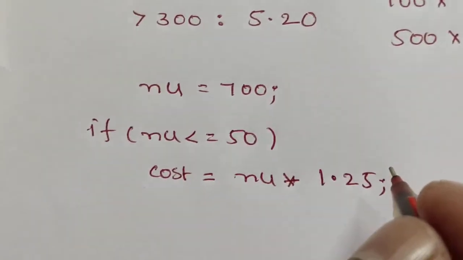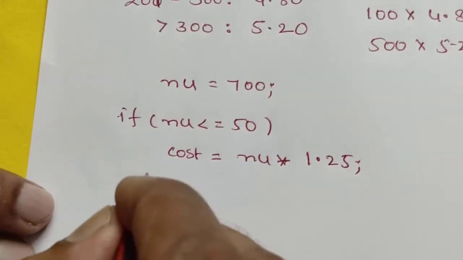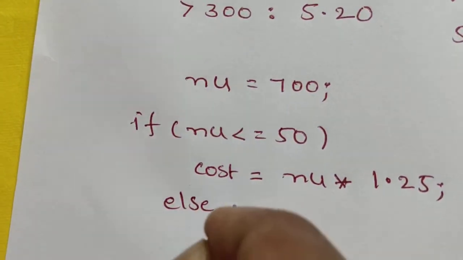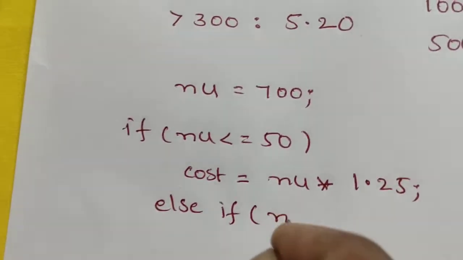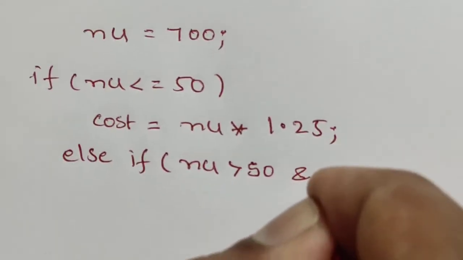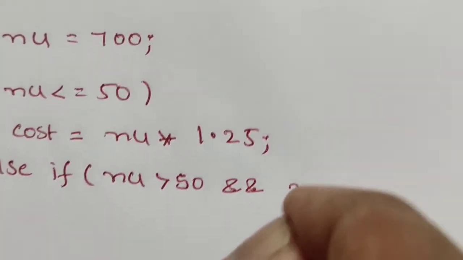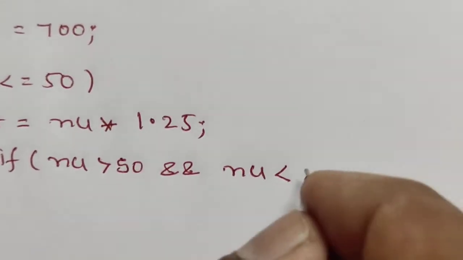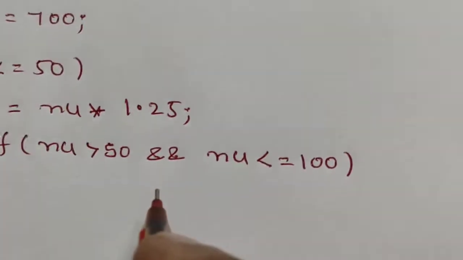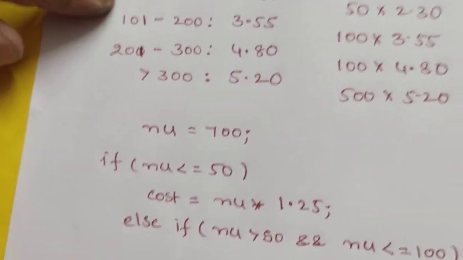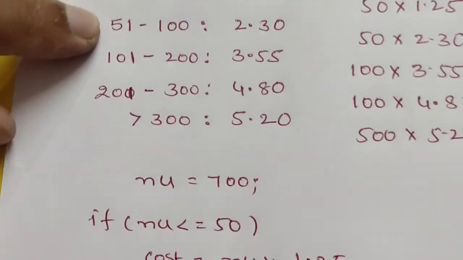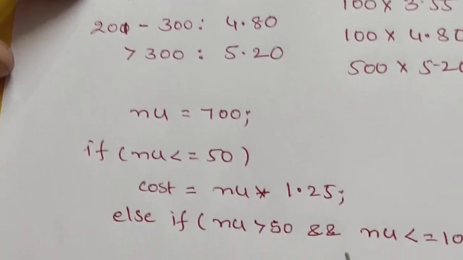Otherwise, if the number of units is more than 50, for that reason I am going to write else if number of units greater than 50 and number of units less than or equal to 100. That means he belongs to slab 2. Suppose here the number of units may be 75.